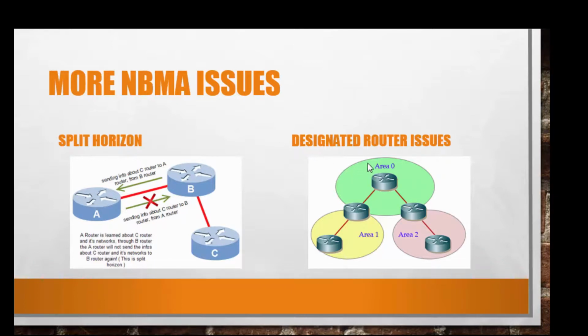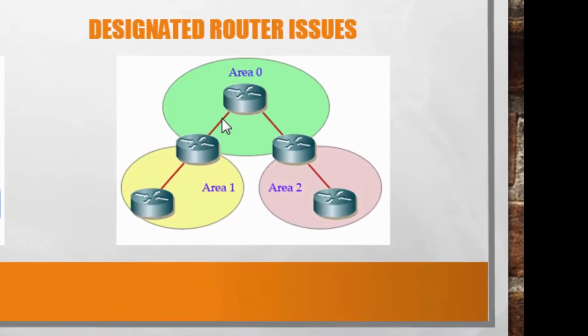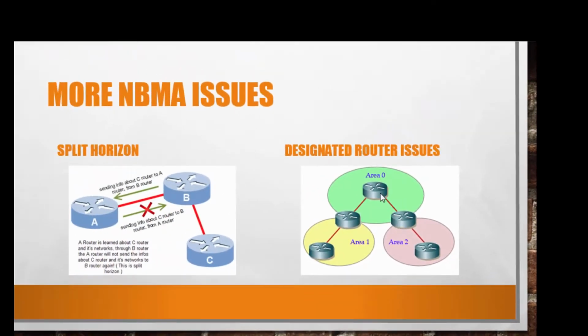Remember that we have a backbone over here that is going to be area 0, and it's connecting through the other networks over here. In this scenario, what I would suggest is that you set the priority to 0 on this router over here and this router over here. So you're going to start doing some configuration with the designated router very specifically in an OSPF architecture that you have over here.